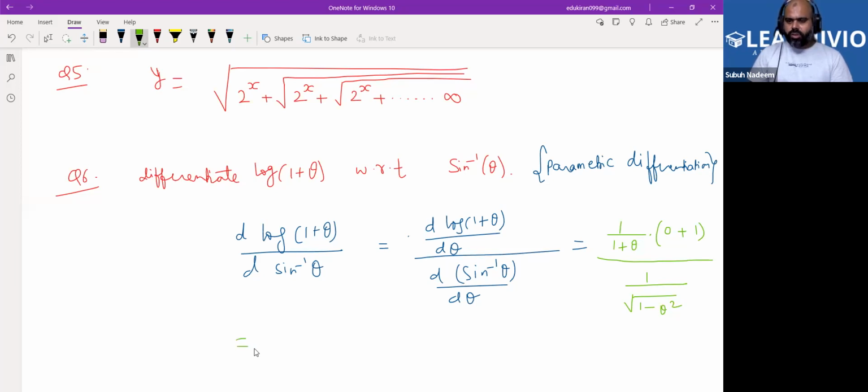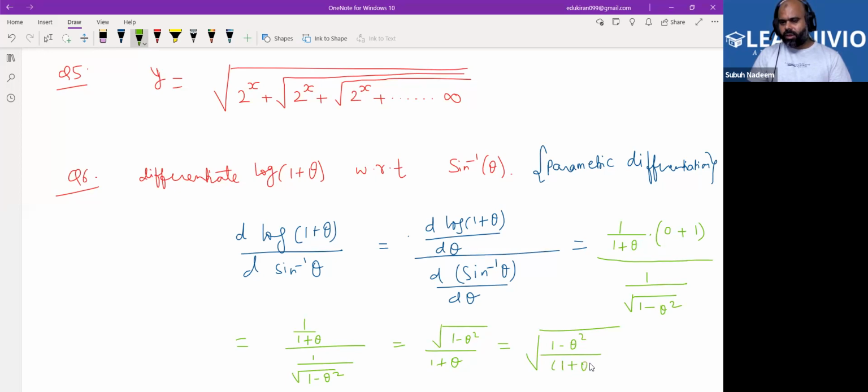So this is equal to 1 by 1 plus theta remaining in the numerator, and in the denominator 1 by root over 1 minus theta square. So you can write it as root over 1 minus theta square by 1 plus theta. And when you take a square root, it will be 1 minus theta square, and this will be 1 plus theta whole square.